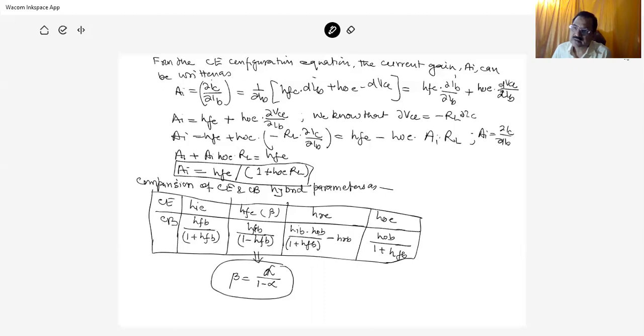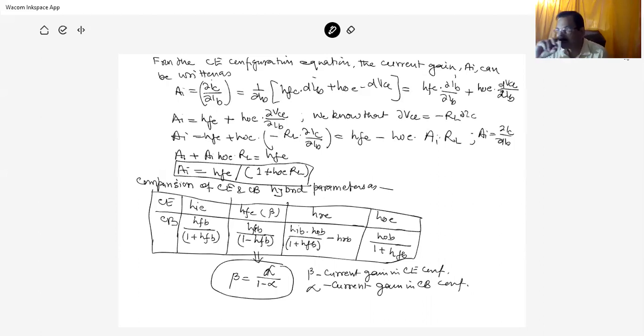That is, beta is the current gain in CE configuration, while alpha is the current gain in CB configuration. So these two variables are already in applications, and the rest of the variables are already given.